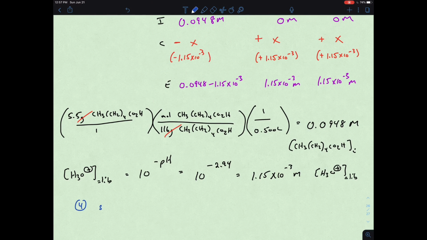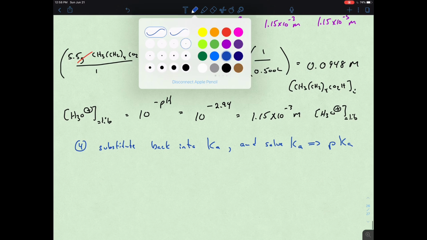So now we can substitute back into Ka and basically solve for Ka, and then from that Ka, answer the question and get to our pKa.